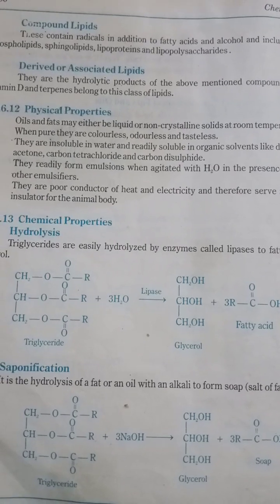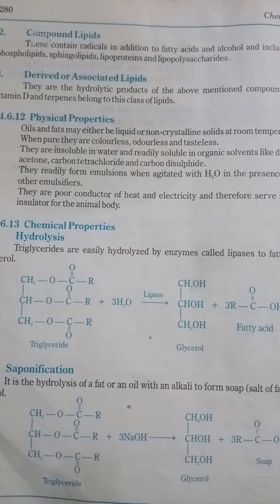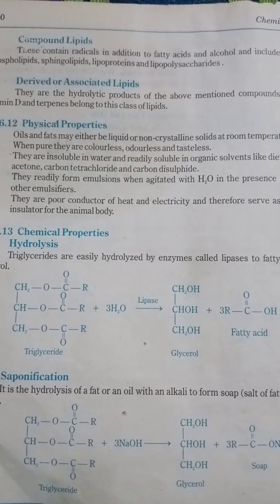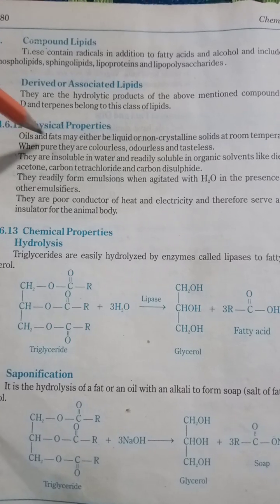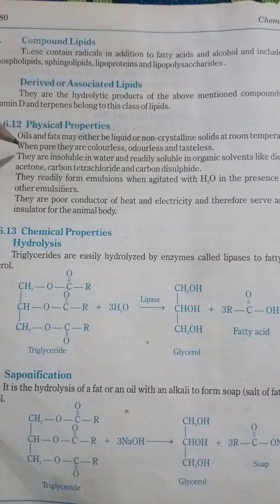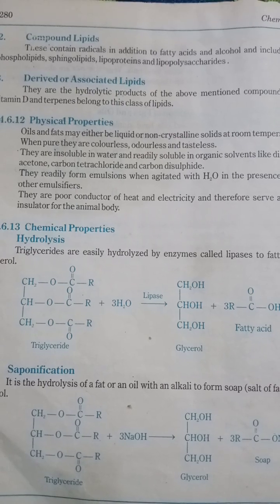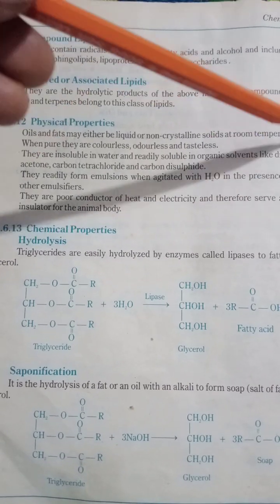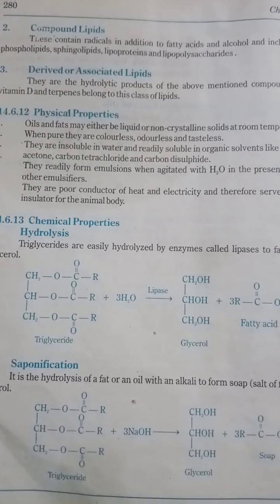Next, we move towards the physical properties. Fats and oils are liquids and non-crystalline solids at room temperature. When pure, they are colorless, odorless, and tasteless. They are insoluble in water but soluble in organic solvents like acetone, ether, carbon tetrachloride, and carbon disulfide.